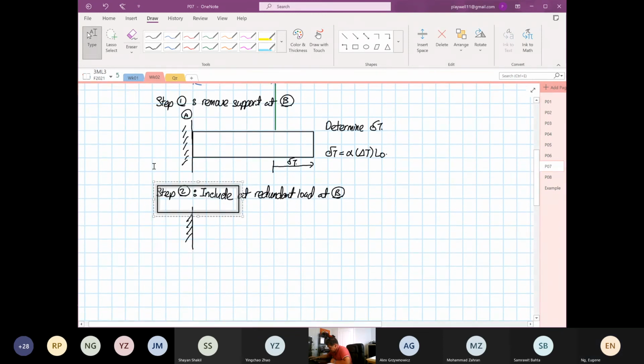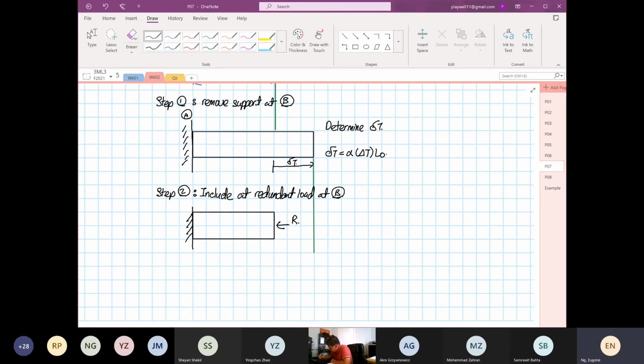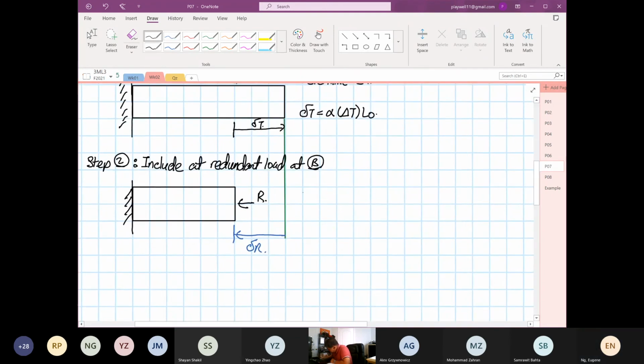So the second step, we're going to push it back. We allowed it to grow, then from here we're going to push it back with a redundant load that we're going to have, R. The pushing it back is what we call delta R. This distance from here to here is our delta R, and delta R is equal to minus R L0 divided by AE, because it's mechanical, it's a force.